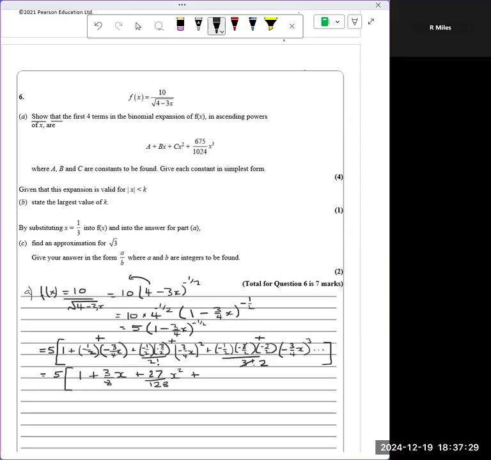So a half times a half times 5/2, and then 3/4 cubed is 27 over 64. Okay, and then I've got to divide all of that by 2, and that is 135 over 1024 x cubed.